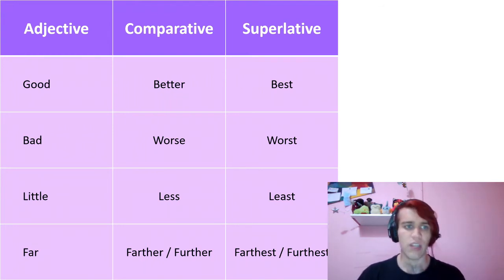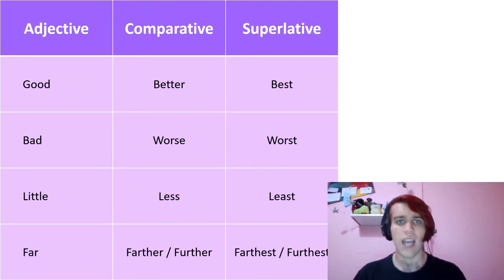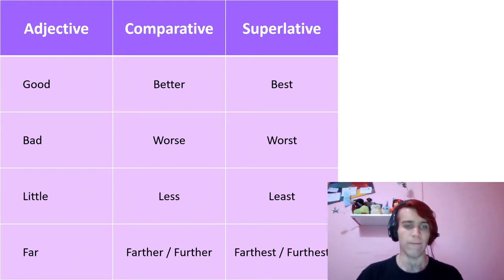For example, the word good, when used as a comparative, changes to better, and when used as a superlative, is best. Similar to the word bad, with its comparative form worse and the superlative form worst. The adjective little, with the comparative form less, and the superlative form least. And far, with the comparative form farther and the superlative form farthest.